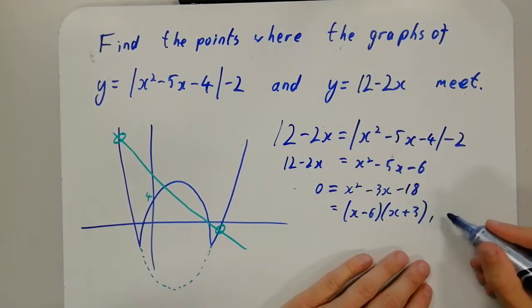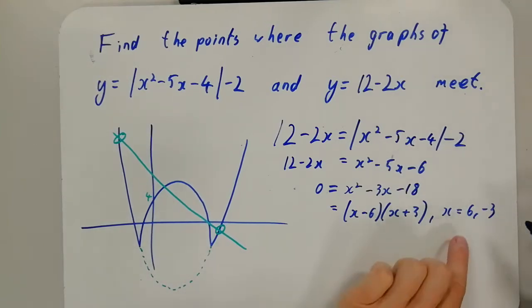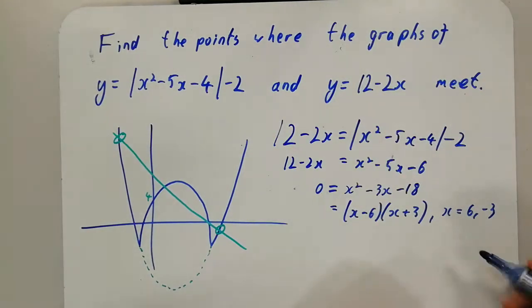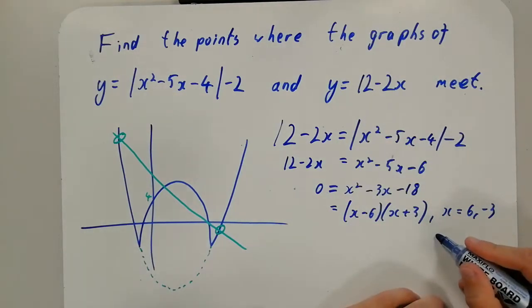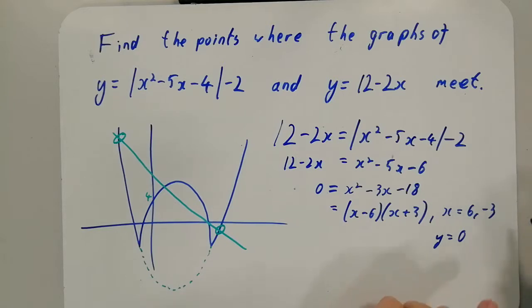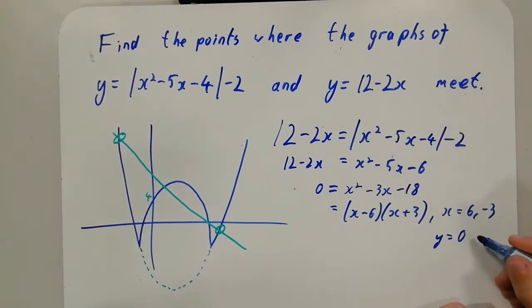So I can see that x is 6 or minus 3. I can then substitute those into this equation because it's much easier to find my y values. So I'm going to get 12 minus 12, y is equal to 0 in this case. And when x is minus 3, I'm going to get 12 plus 6 is 18.